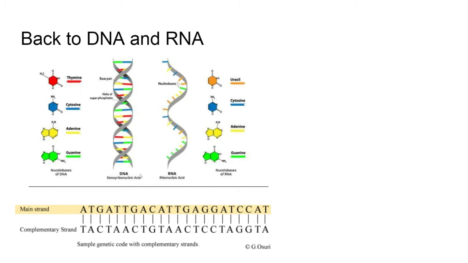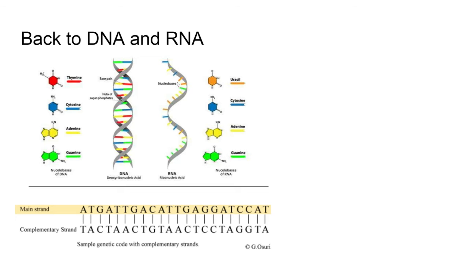So when having the different nitrogenous bases aligned to each other, adenine will always pair with thymine, and cytosine will always pair with guanine.